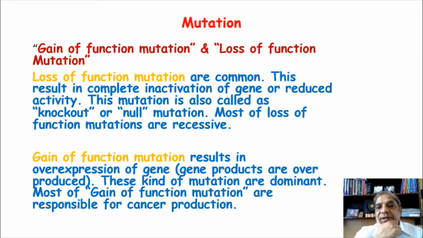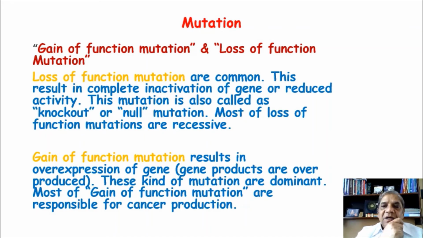Most mutations which take place are for the loss of function, because an already existing gene will show some abnormality, which is more towards loss of function. So what is the loss of function mutation? They are very common. This results in complete inactivation of the gene.